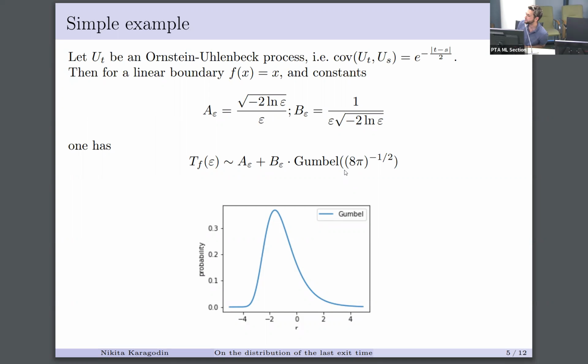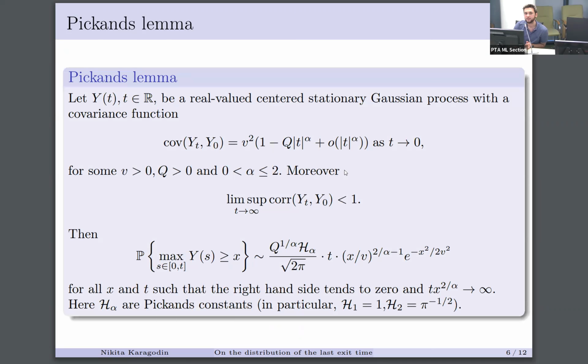I'd like to share a little bit of the technique we used. It's basically two things. We used two famous results for Gaussian processes, and that's why we get two conditions on our process. The first one is Pickands' lemma.